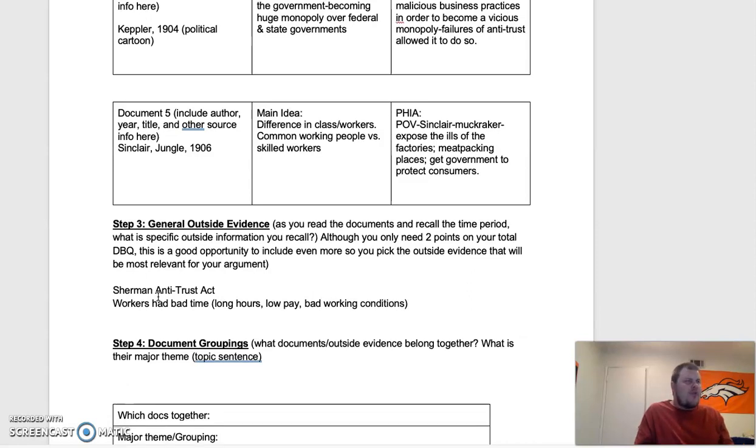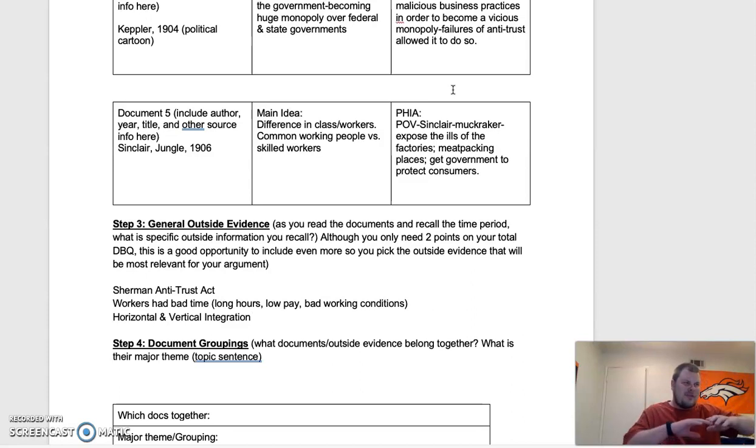I also know that, and again, there was some talk in document 4 about the monopolies, and I put here that they used some vicious practices in order to monopolize. I remember some of those included horizontal and vertical integration. Vertical, not as bad, you just take over the means of production.